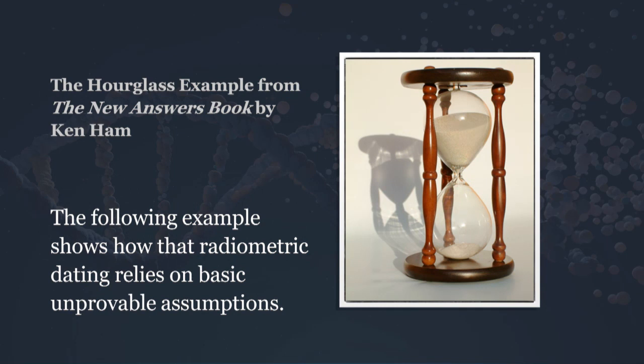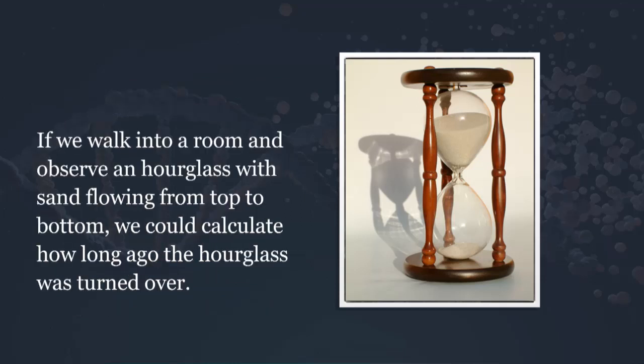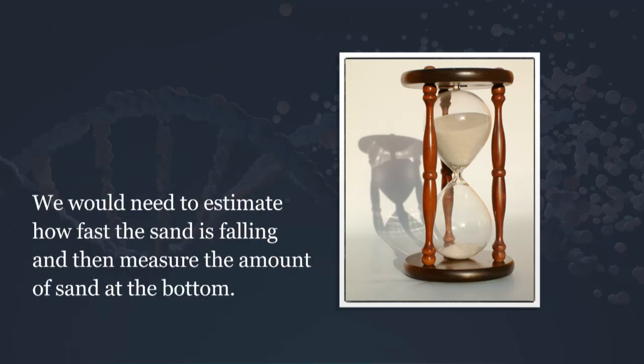The hourglass example. This comes from Ken Ham's book, The New Answers Book. The following example shows how radiometric dating relies on basic, unprovable assumptions. If we walk into a room and observe an hourglass with sand flowing from top to bottom, we could calculate how long ago the hourglass was turned over. We would need to estimate how fast the sand is falling and then measure the amount of sand at the bottom.